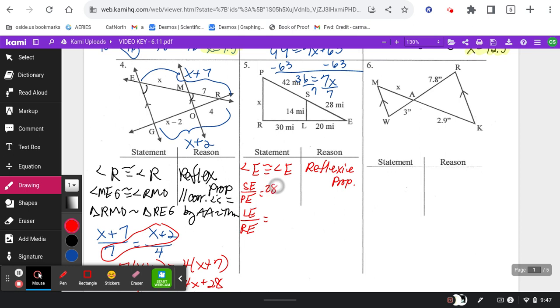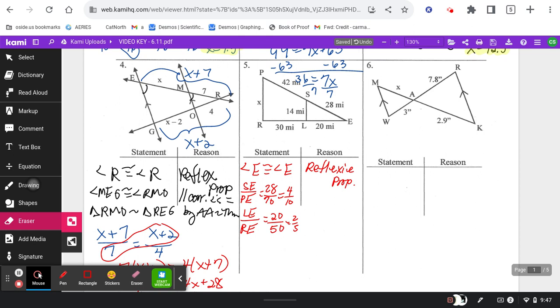Small is 28, but then the big is 28 plus 42, which is like 70. And then small is to big. So what goes into 28 and 70? How about 7? What goes into 20 and 50? 10. Oh, I guess 14 could have gone in.